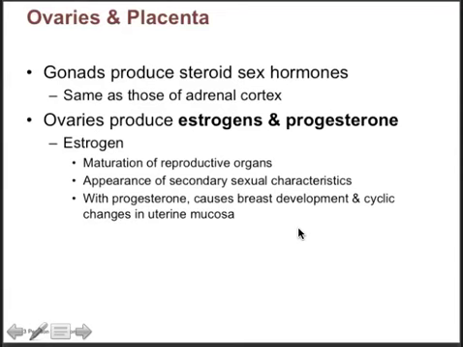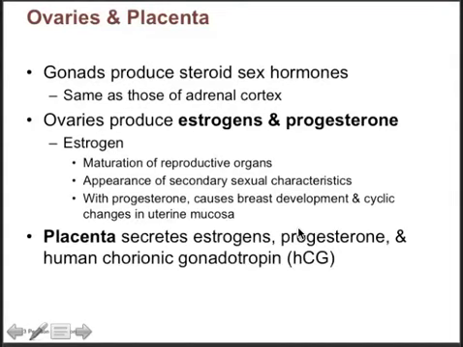It is part of what triggers the menstrual cycle. The placenta secretes estrogens, progesterone, and human chorionic gonadotrophin, and these hormones are important in the uterine and ovarian cycles.